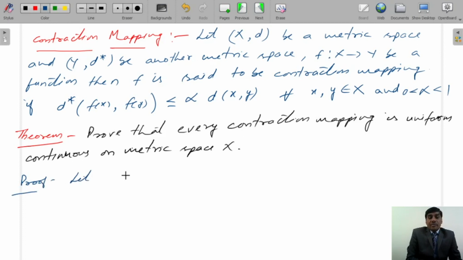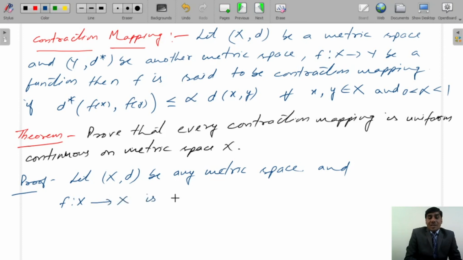Let (X, d) be any metric space and f from X to X is a contraction mapping.